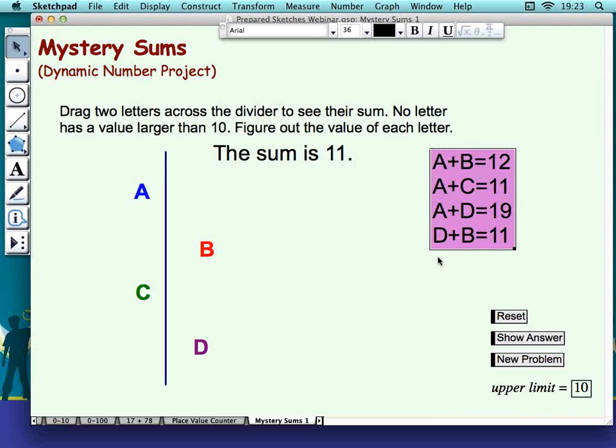Oops. So if A plus B was 12 and D plus B was 11, then A has to be 1 more than D, and A plus D together make 19. So if A is 1 more than D, I bet A is 10 and D is 9. So that's the sort of strategy that we want kids to develop.